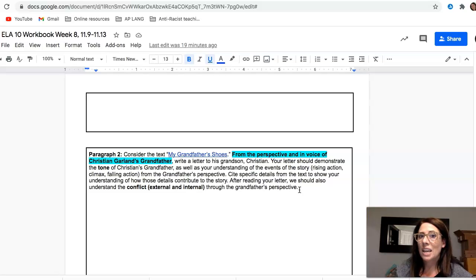But you use I, and the I is actually for the character that you're writing in the voice of. So it has to be first person, and it's not you, it's the person or the character that you are writing from the perspective of, and that's very important.